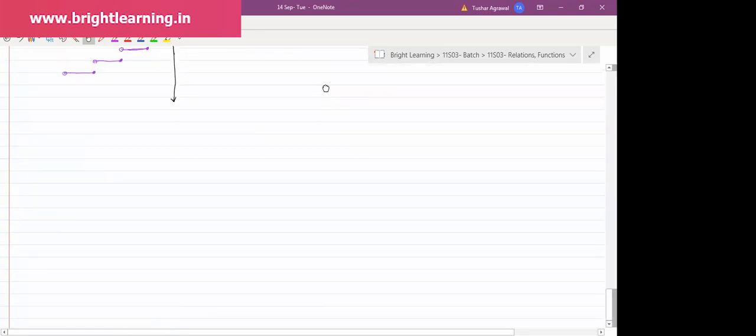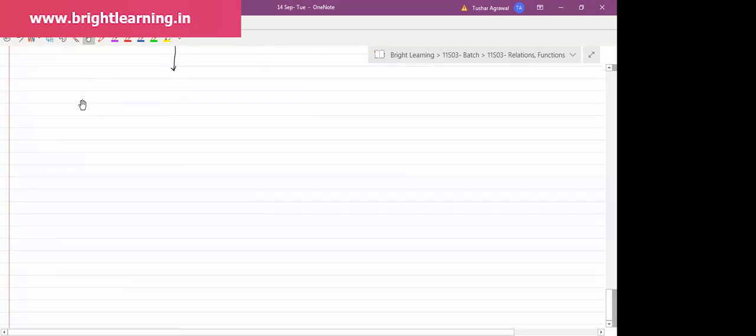K greater than 0. K is greater than 0. The product of the roots of the equation x square minus 3kx plus 2 into e power 2 log k minus 1 is equal to 0.